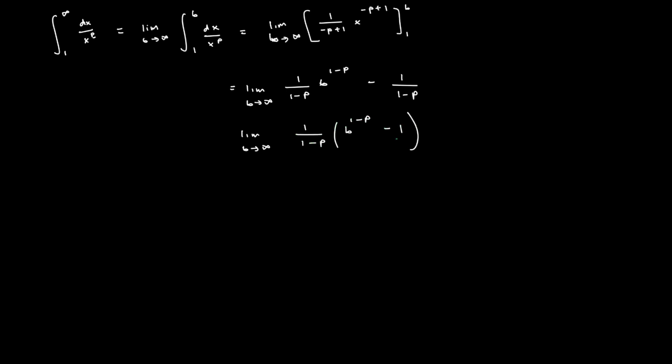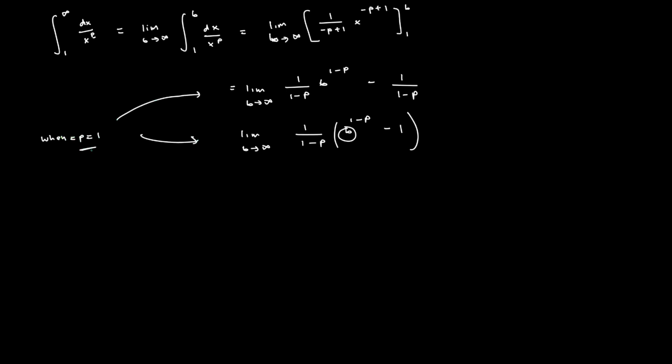And so we're taking b towards infinity, right? And clearly, if you notice something over here, we already know that when p is equal to 1, these integrals are not valid, because then the integral would be a log function.